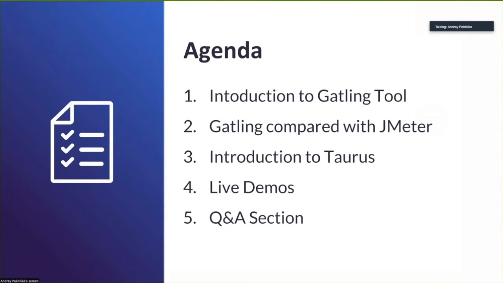And we will have several live demos just to demonstrate how it all actually behaves and what your experience will be if you go with these tools. And then we will go with the Q&A section, and that's it.